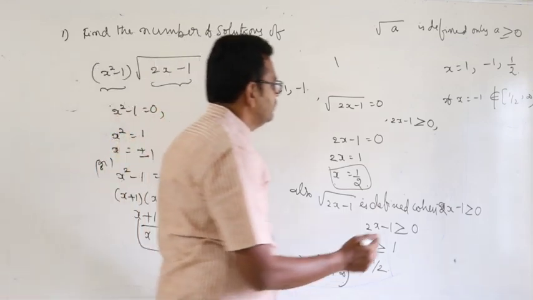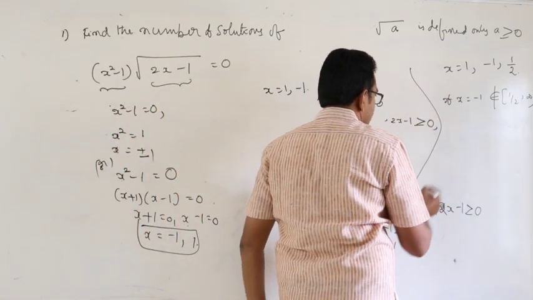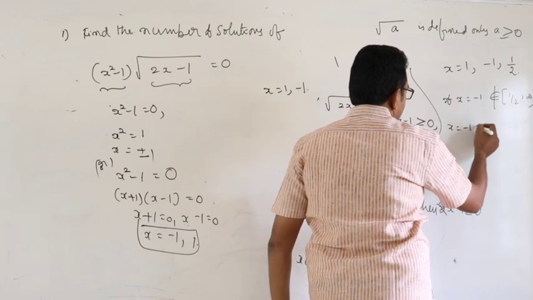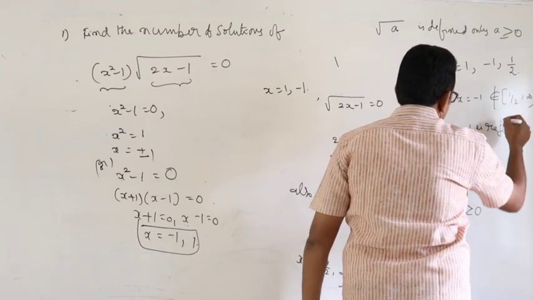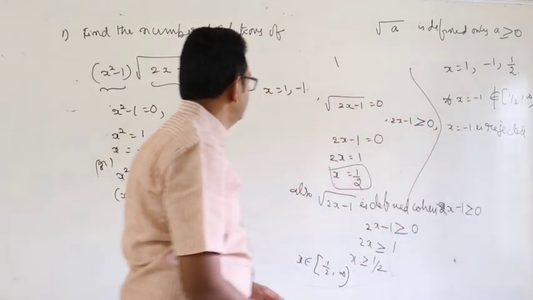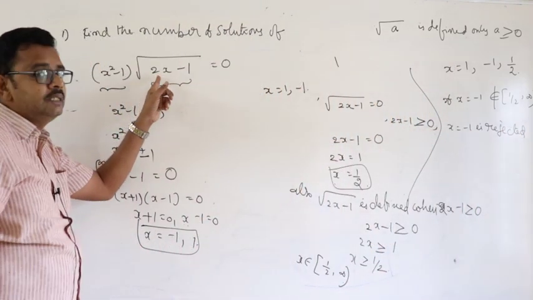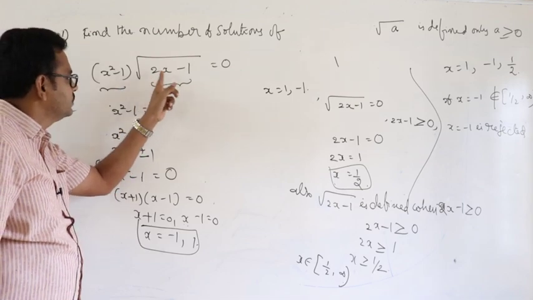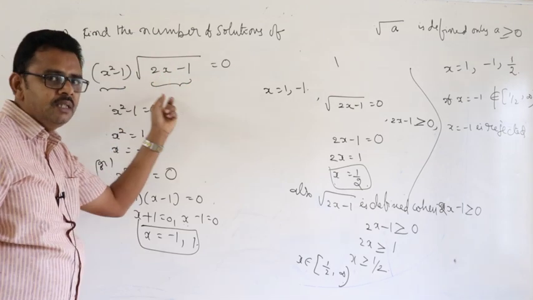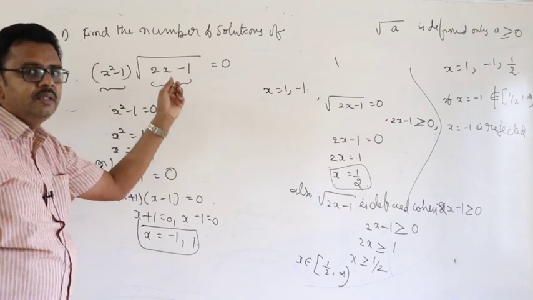Therefore, x equal to minus 1 is rejected. If you write x equal to minus 1, this is 2 into minus 1, minus 1, which is minus 3, which is not defined.